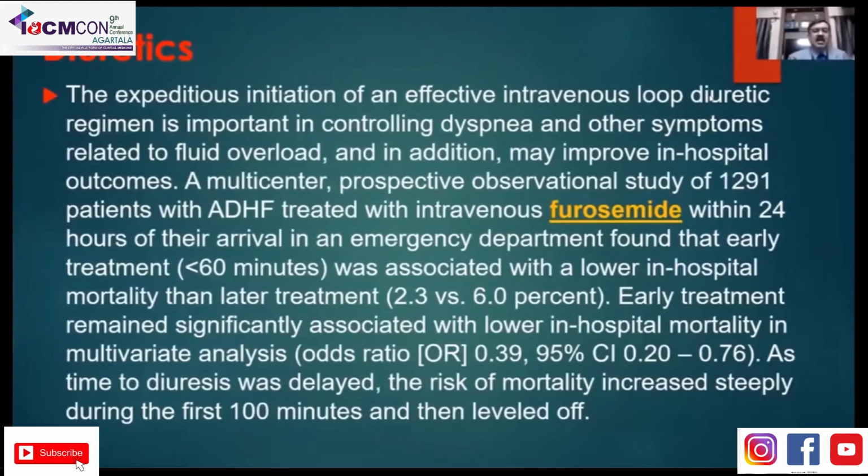And if it is given early, it was found in a prospective observational study of 1,200 or more patients that it lowers in-hospital mortality compared to later treatment. And of course, if the diuresis is delayed, the risk of mortality increases steeply during the first 100 minutes, but of course later on it levels off.